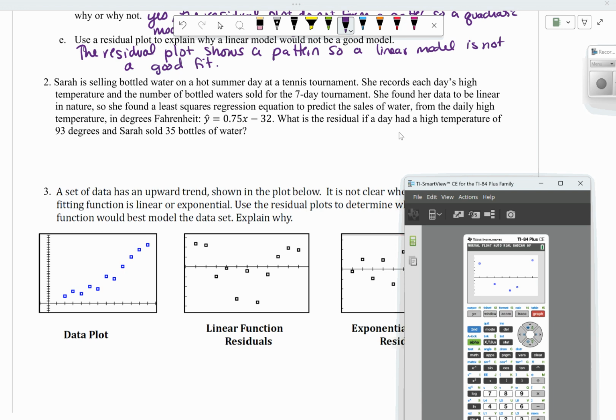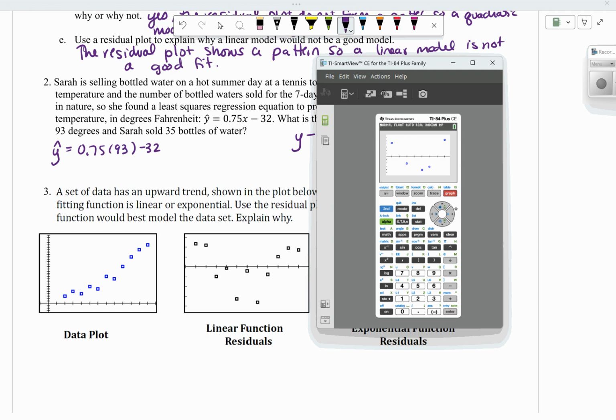So if we want to find the residual, remember that is going to be y minus y hat, which means minus your regression line. So for y hat, we need to figure out how many bottles of water were predicted when we have a temperature of 93 degrees. That's what we're plugging in for x. So 0.75 times 93 minus 32.